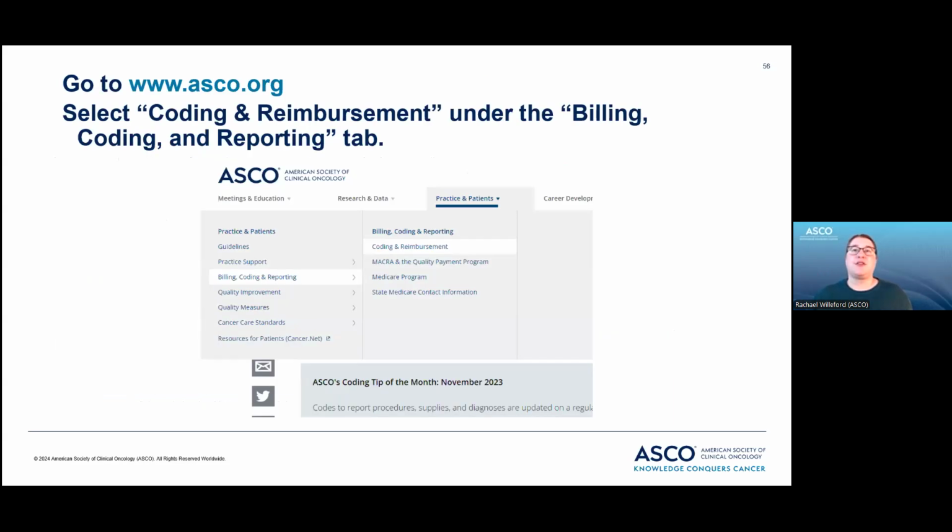To find these and other resources, head on over to asco.org. To find these, you're going to select their coding and reimbursement section under the Billing, Coding, and Reporting tab.